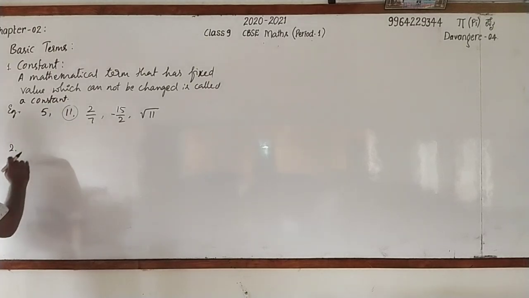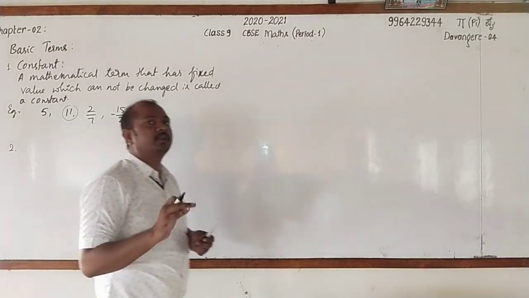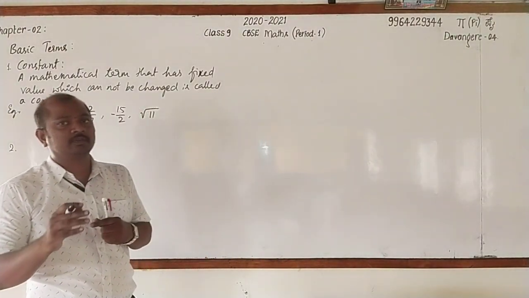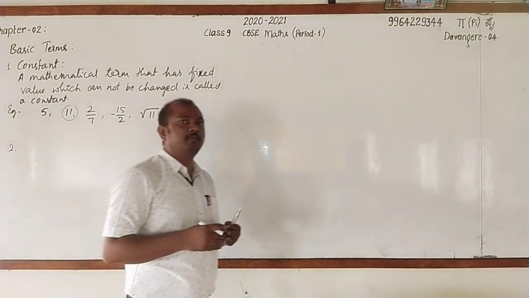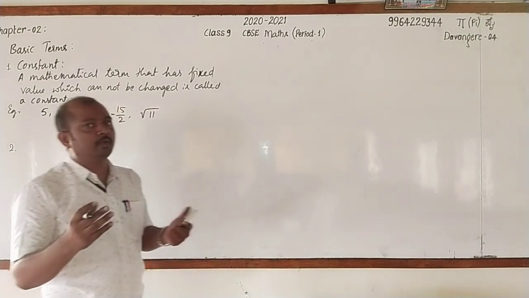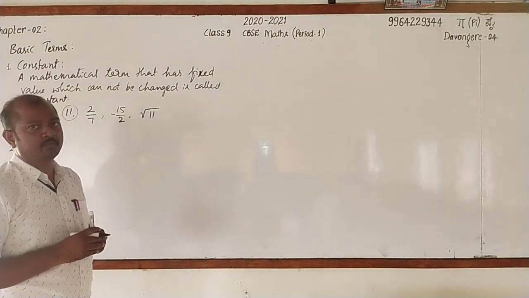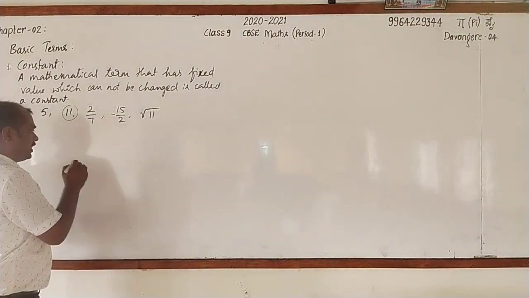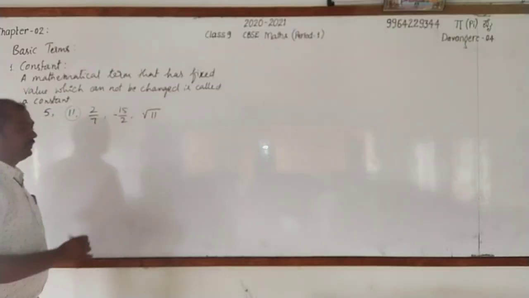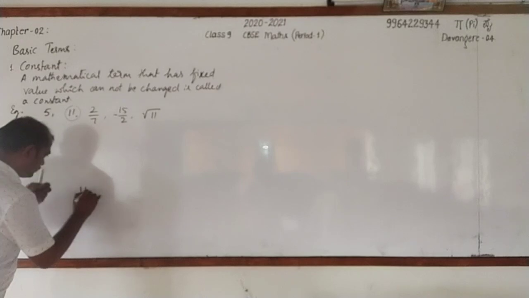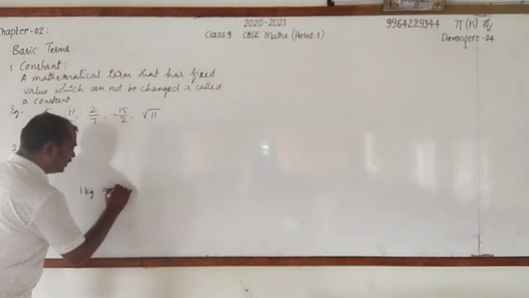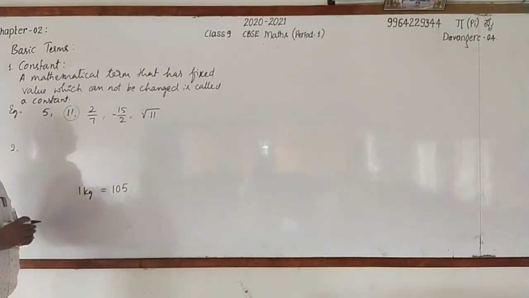Let me go for taking the second term. For this, I'll give you a simple situation. Assume that once in every week you will go to a fruit shop. There you will buy some of the fruits. Assume that in the last week you had bought 1 kg of apple and the cost of 1 kg of apple, it was around 105 rupees.